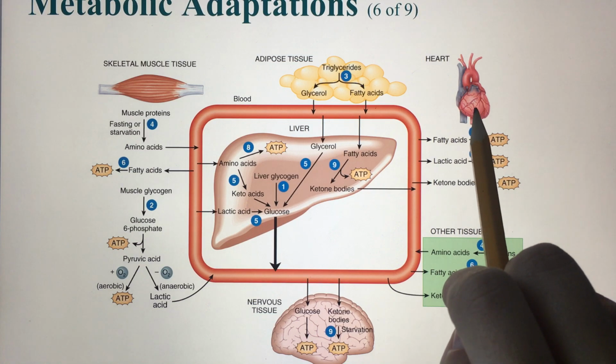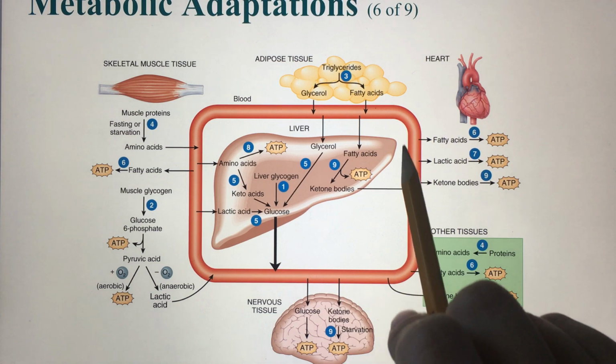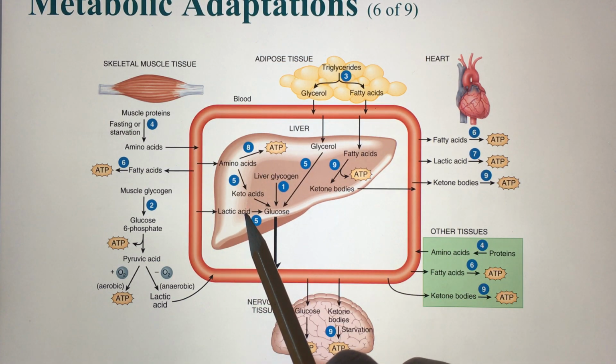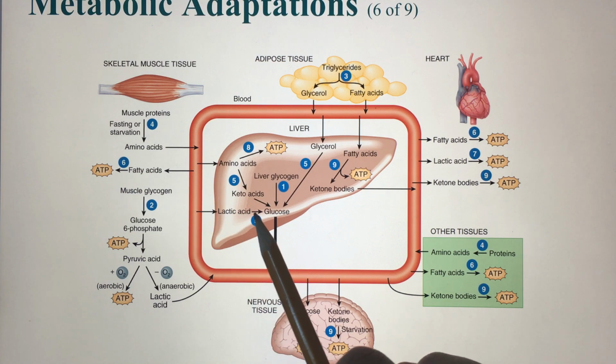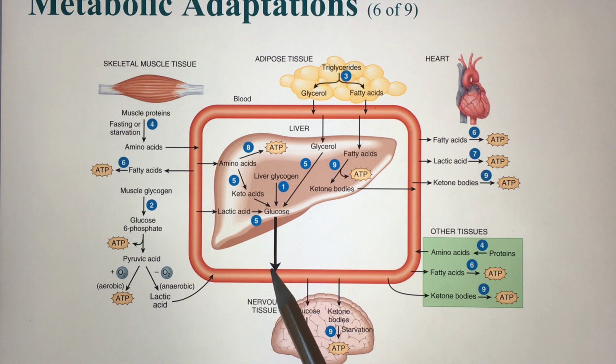That is important for the cardiac muscle cells. The lactic acid will also travel through the bloodstream and be absorbed by the liver. And in the liver, the lactic acid will be converted to glucose, a very useful fuel that will be placed back into the bloodstream and become available to the brain for making energy. How cool is that?